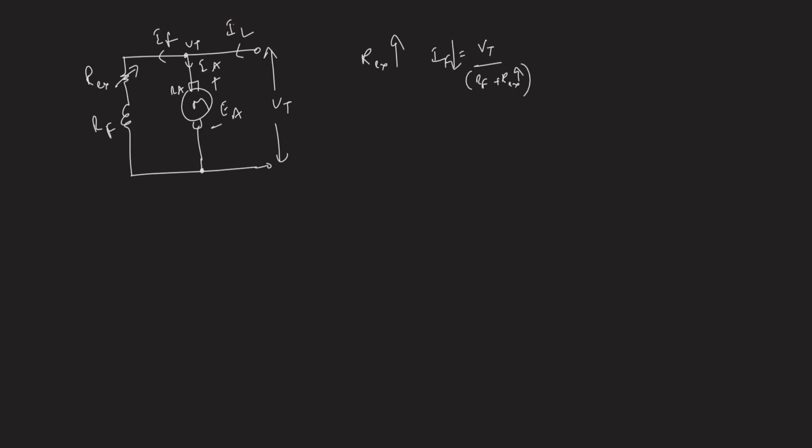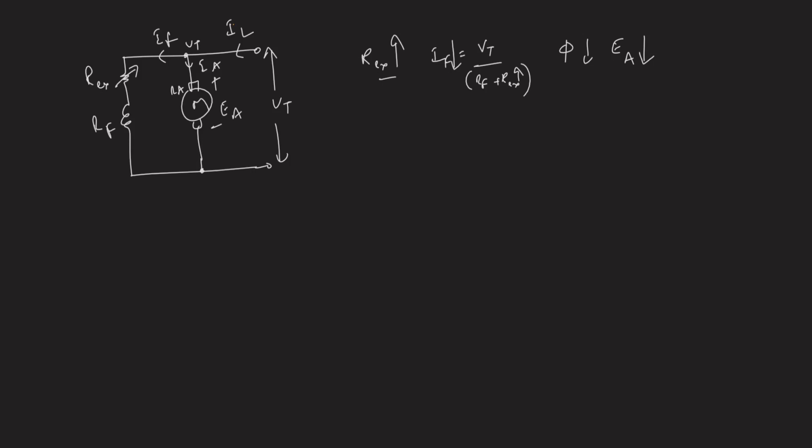Once IF decreases, field decreases, flux in the machine decreases, and which reduces the internal induced EMF. The machine is already operating at some constant steady operating point. At that moment, if I slowly increase the external resistance, these things are going to happen.